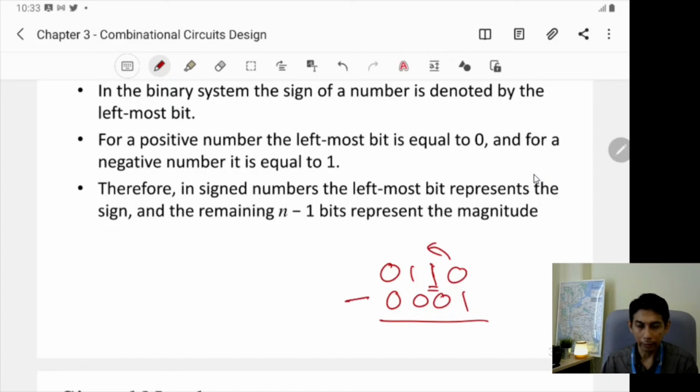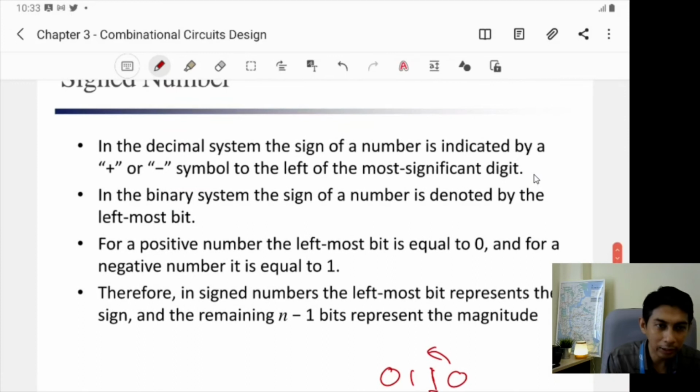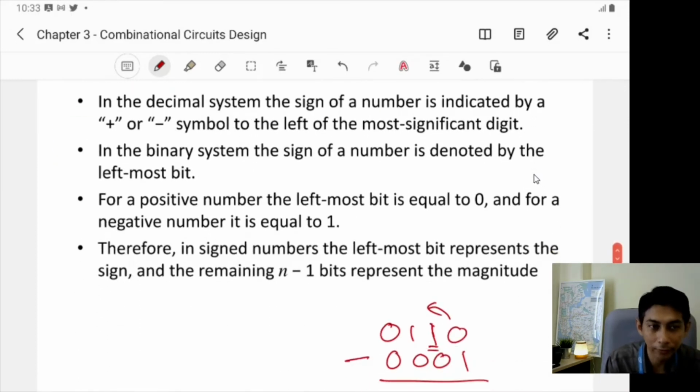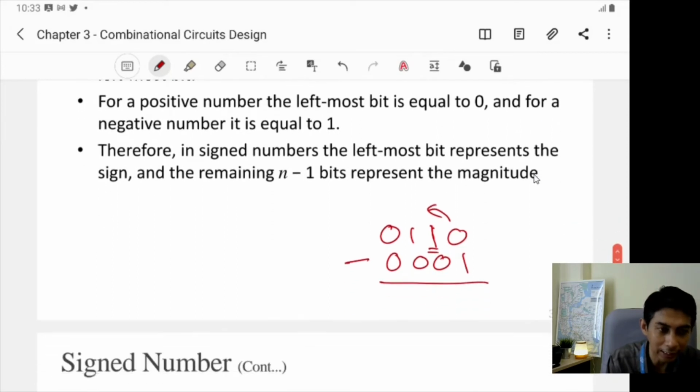All right, and to do that in hardware is not that easy. Okay, so it is a bit tricky when we want to do subtract. All right, addition is straightforward, we learned just now, but in the case of subtract, this is not easy.